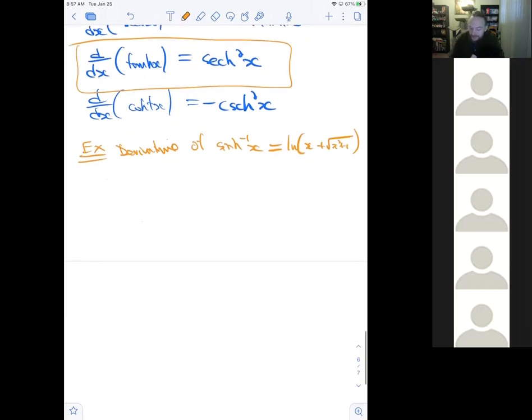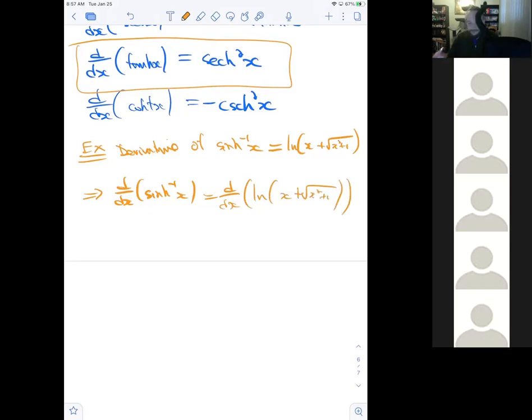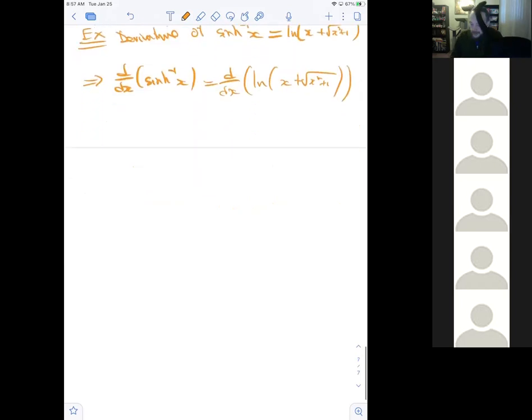So how am I going to take the derivative? The derivative of inverse sinh of x is going to equal the derivative with respect to x of the natural log of x plus the square root of x squared plus 1. That by definition is equal to 1 over x plus the square root of x squared plus 1, times the chain rule.